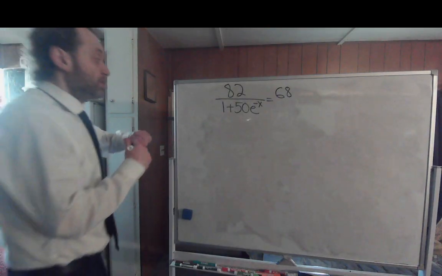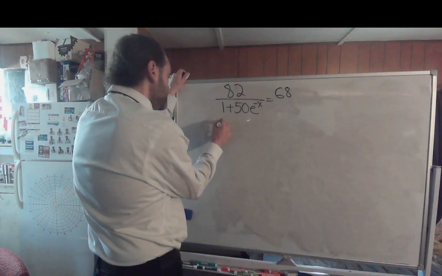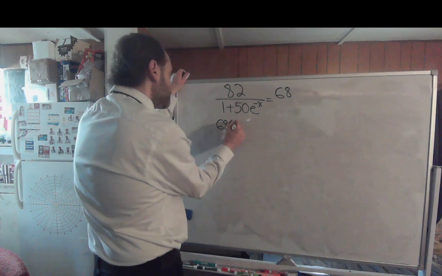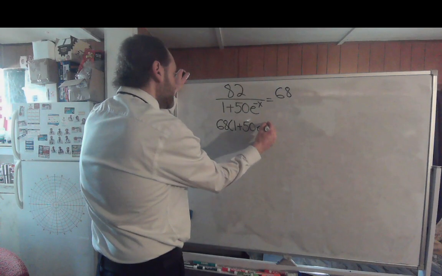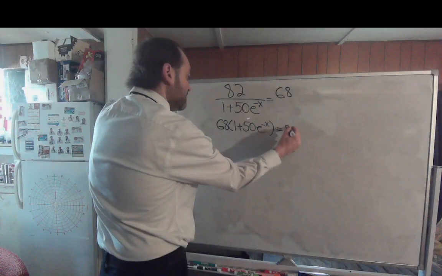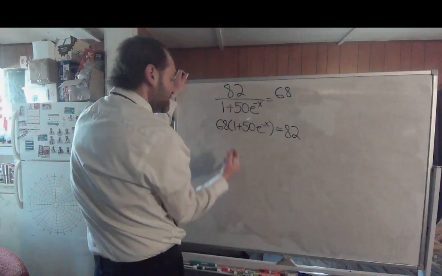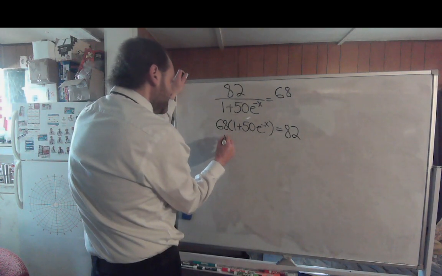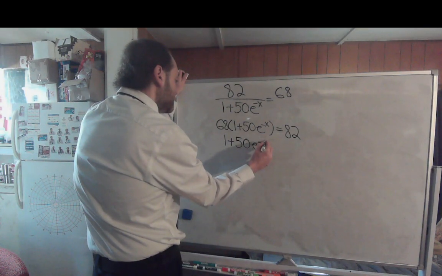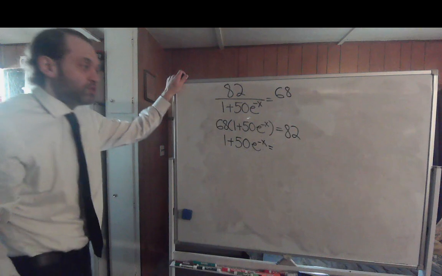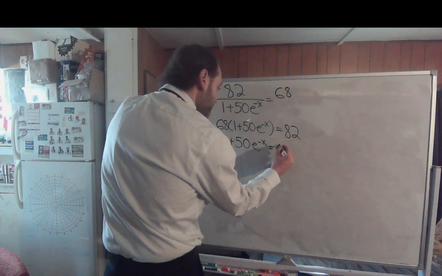So let's cross multiply. You would end up getting 68 times 1 plus 50e to the negative x would equal 82. Now divide both sides by 68. You'll end up getting, of course, 1 plus 50e to the negative x equals 82 divided by 68, which would be 41 over 34.